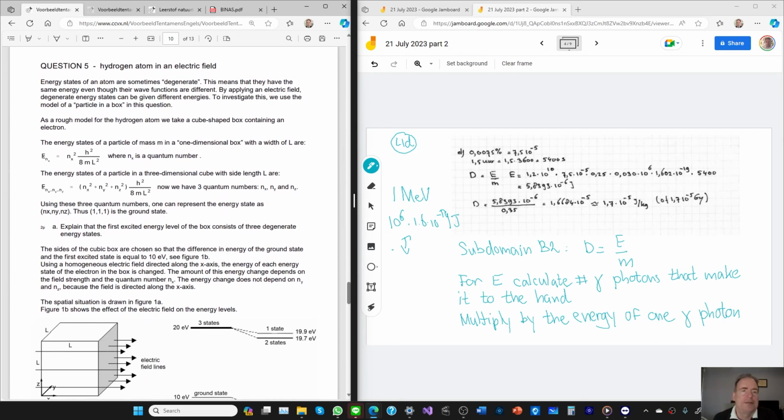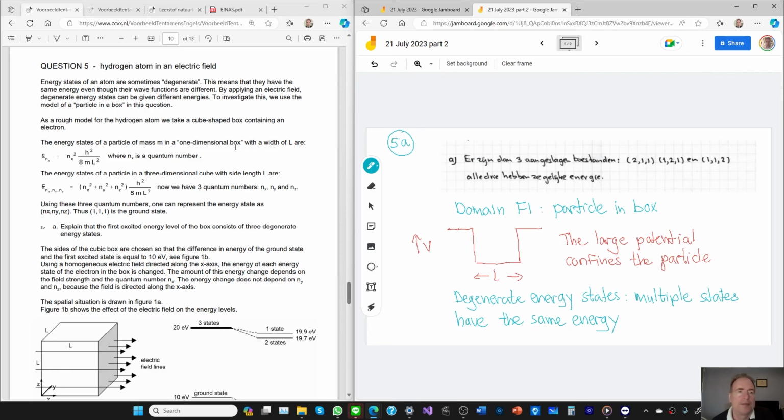Okay, question 5. A hydrogen atom in an electric field. Okay, so here there's some story about modeling a hydrogen atom by a particle in a box, a one-dimensional box.